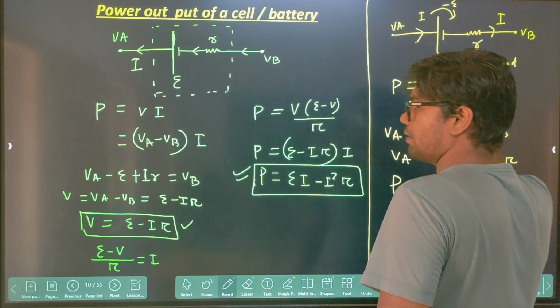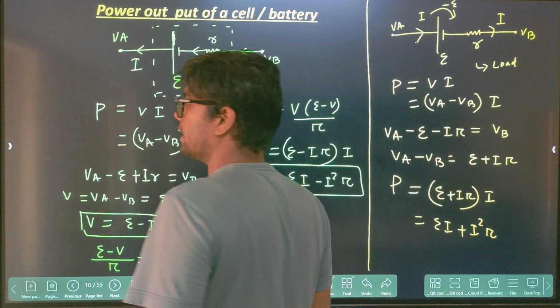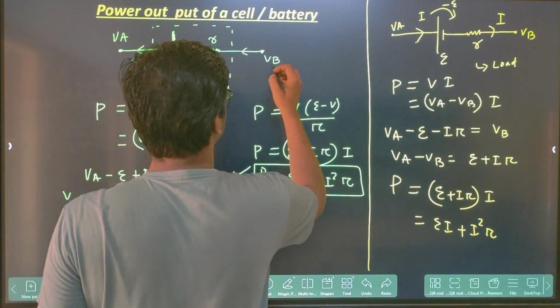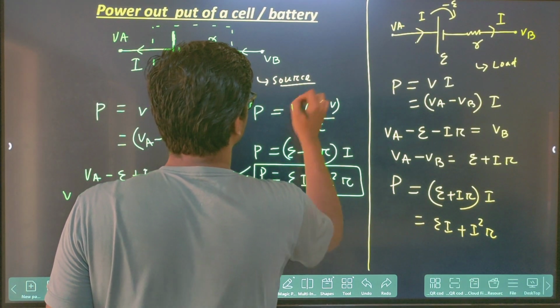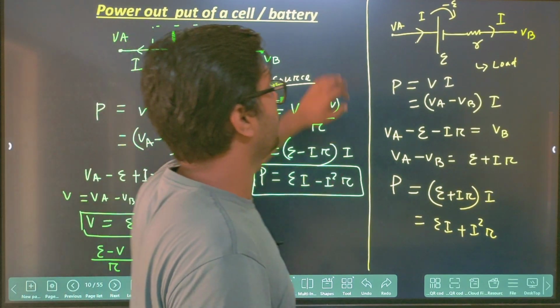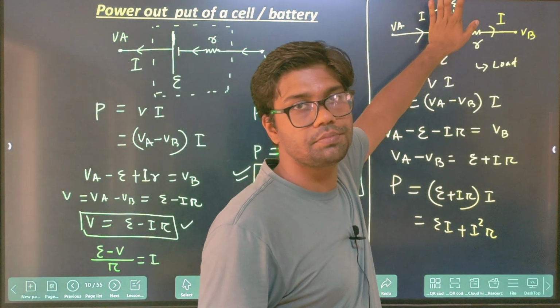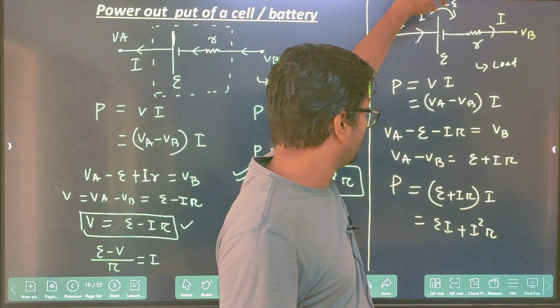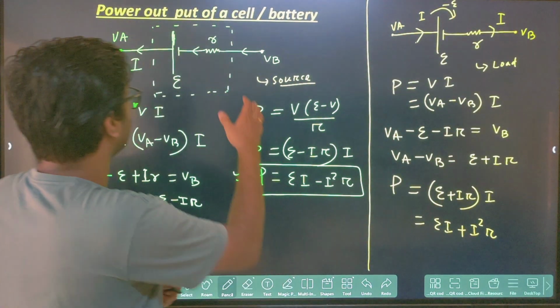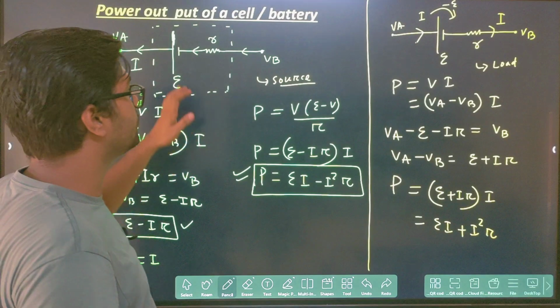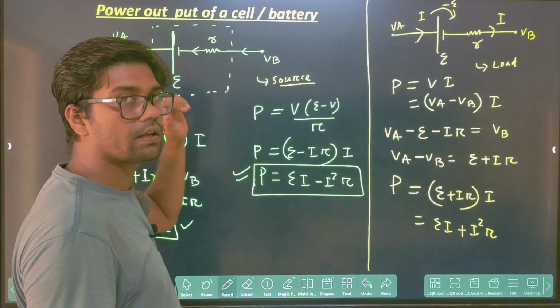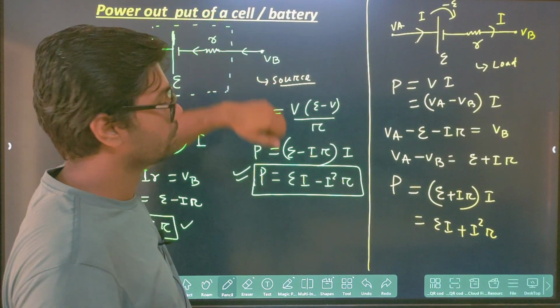That means in this case the battery or the cell is getting charged, and here it is behaving like a source, right. Two things here. If the current is flowing like this, you can imagine this is behaving like a load. If the current is flowing along this direction, lower potential to higher potential, it is behaving like a source. Clear?